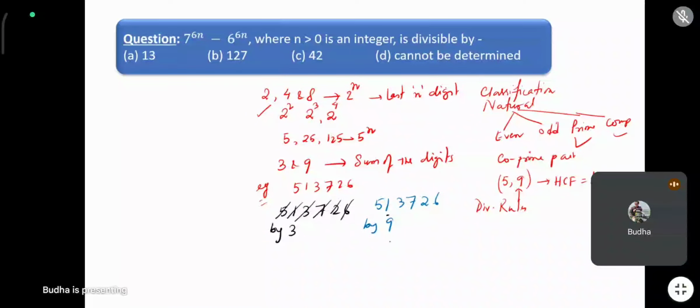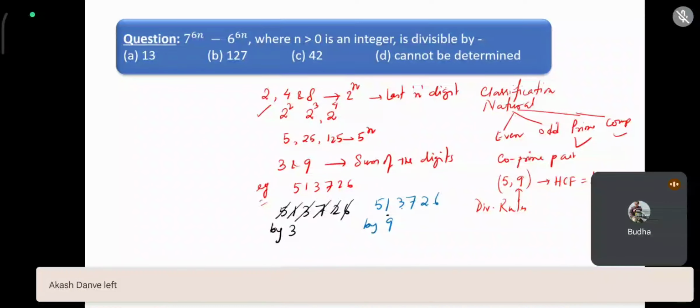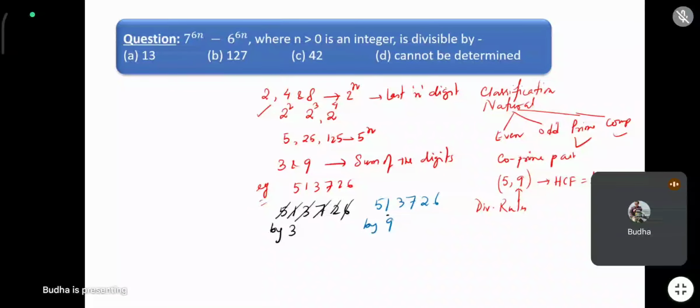Rather than going 5 plus 1 plus 3 plus 7 plus 2 plus 6, I will apply the same technique that I applied for 3. This time I'll check which digits have a summation that makes 9. 6 and 3 make 9, right? 2 and 7 make 9. So I'll strike them off.